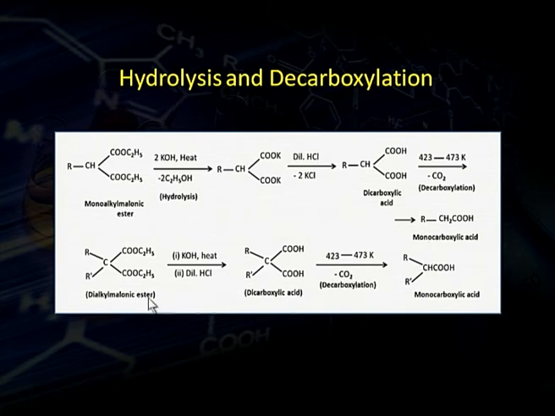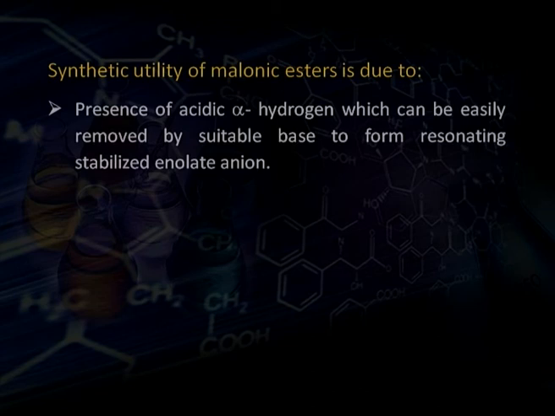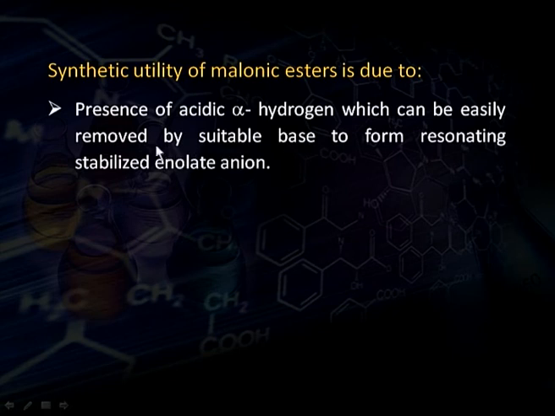In a similar way, dialkyl malonic ester undergoes hydrolysis, and when this is acidified by dilute HCl, it produces a dicarboxylic acid. This dicarboxylic acid upon heating to 423 to 473 Kelvin loses carbon dioxide and forms a dialkylated monocarboxylic acid.